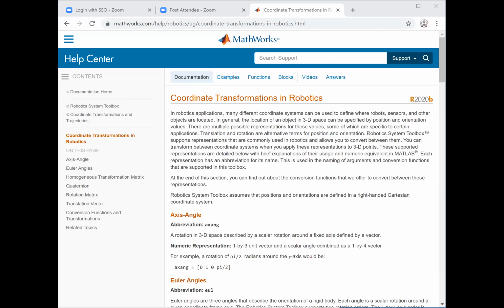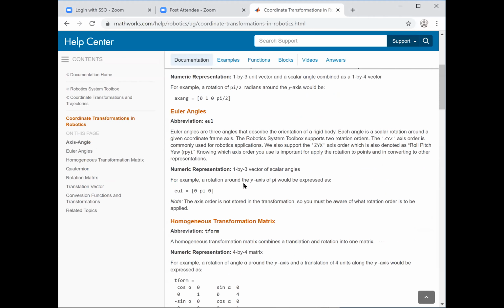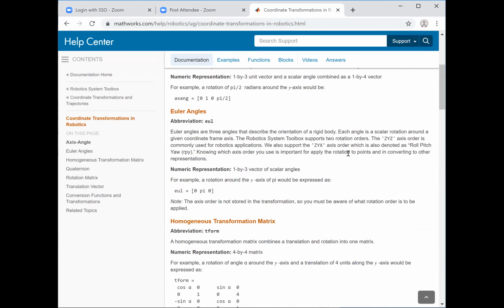So look at this help, coordinate system in robotics. I want you to note that the default orientation is something like this. This is denoted as RPY.